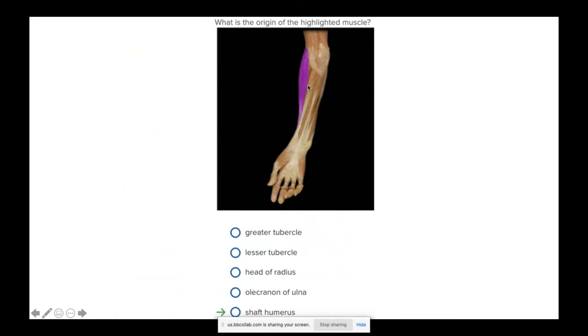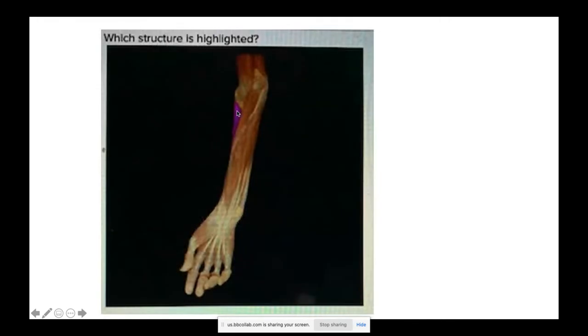This is the brachioradialis once again, and it's asking for the origin of it. The origin is on the shaft of the humerus. The insertion is on the radial styloid. This is the supinator. The supinator is antagonistic to this one here, which is the Pronator Teres.